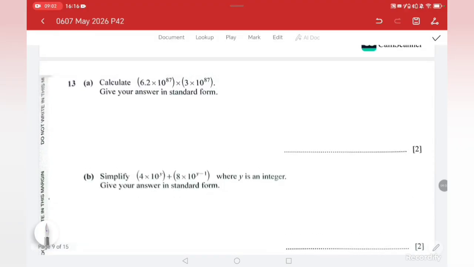Calculate, and we have a standard form, and it's multiplication. So we can multiply the numbers: 6.2 times 3 is 18.6. And in the case of multiplication with the same base, we add the exponents, like 87 plus 87.